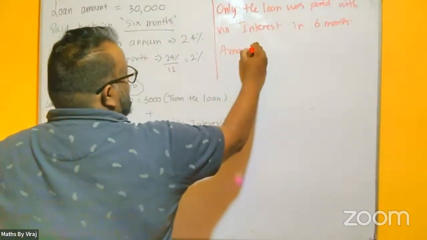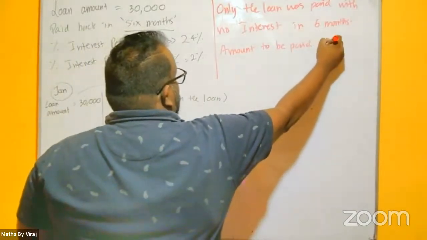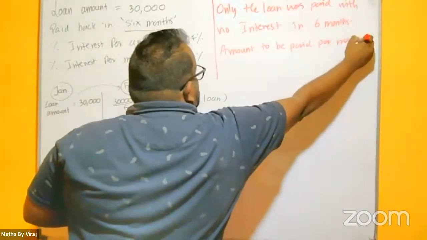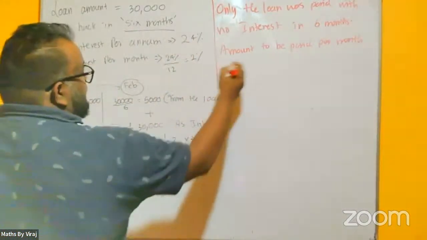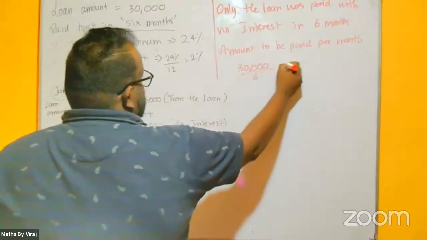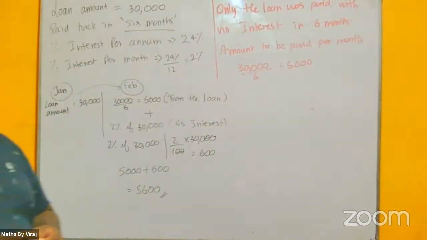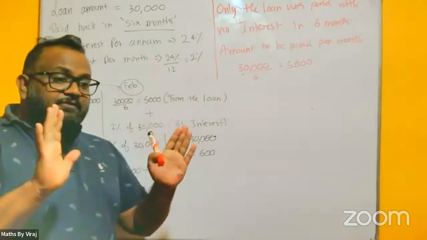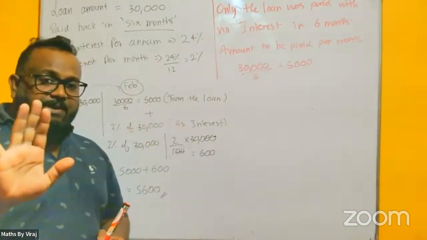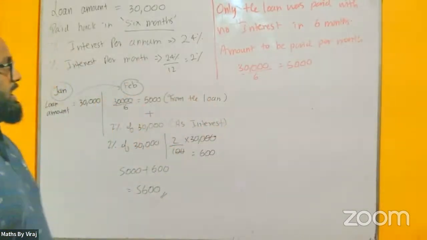Amount to be paid per month. What is the amount that should be paid per month, children? 30,000 divided by 6, which is 5,000. I'll have to pay 5,000 per month if there is no interest paid, but if the loan alone was to be paid in 6 months.